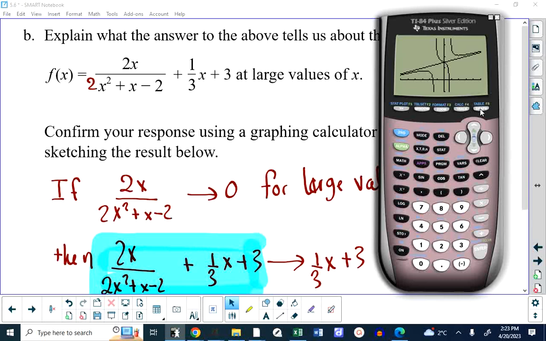So that line that's just been drawn is not the function we're interested in. It's not a function at all. It's not part of the graph. What it is, is an asymptote of the graph.